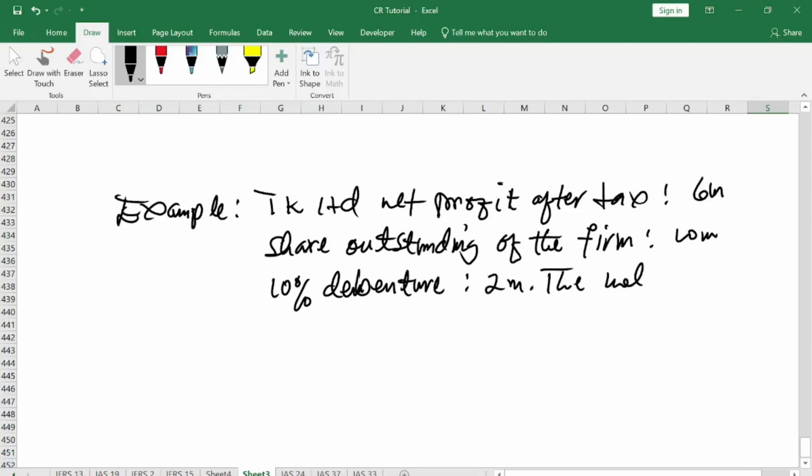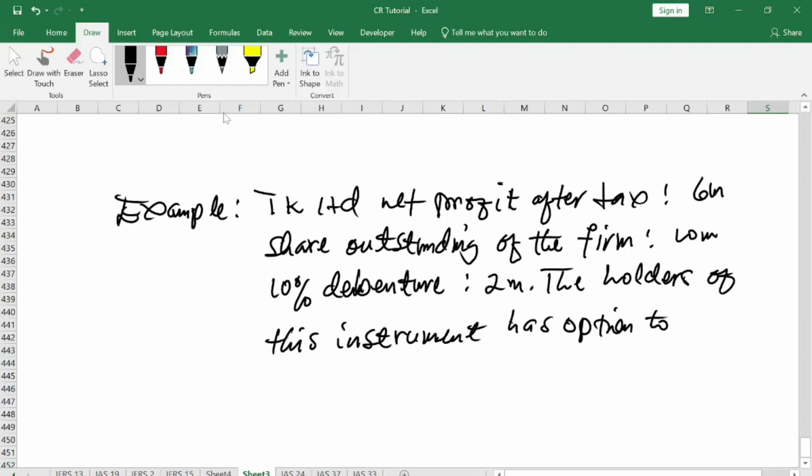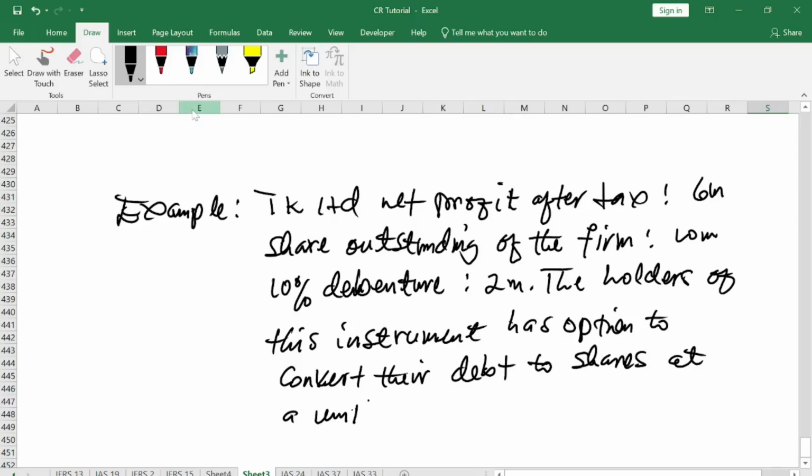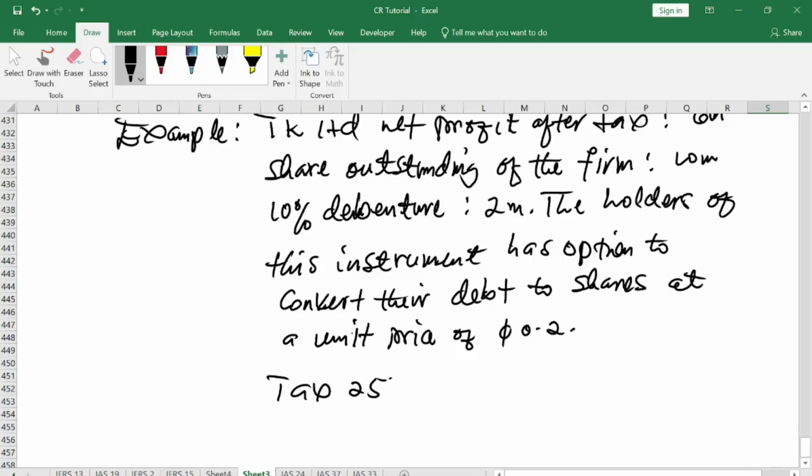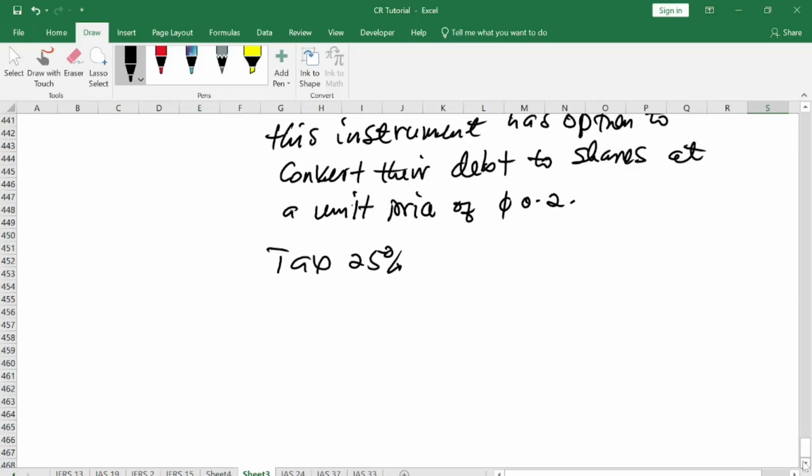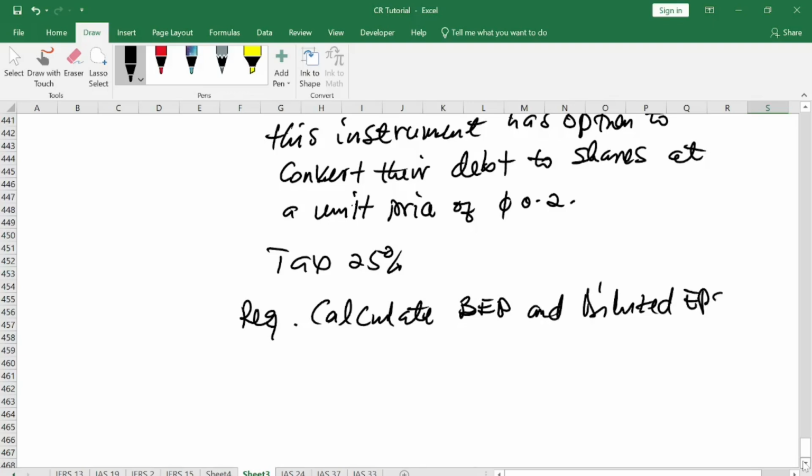The holders of this instrument have the option to convert their debt to shares at a unit price of 0.2. Tax is 25%. Calculate basic earnings per share and diluted earnings per share.